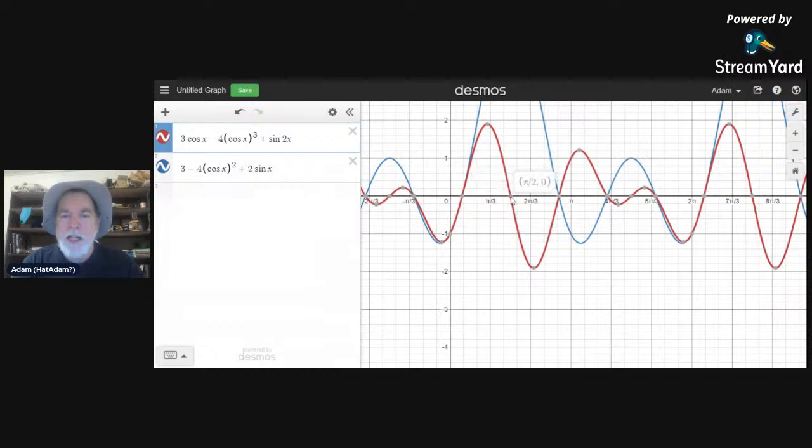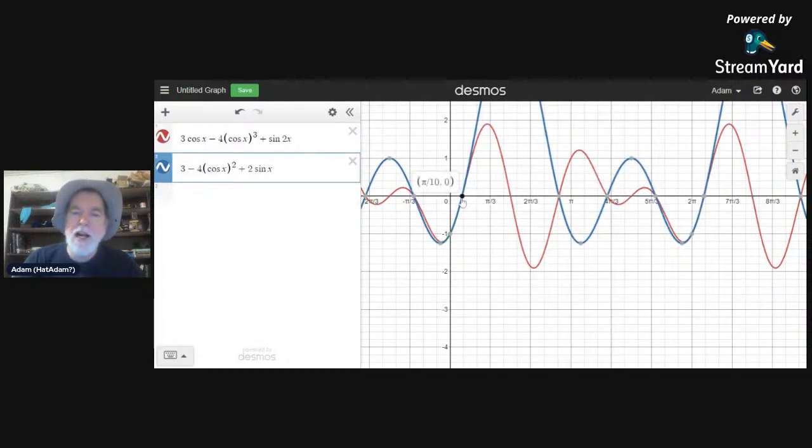See, these points here are due to the cosine x being the factor. There's your pi by 2, and there's your 3 pi by 2. And then this new function where I factored out the cosine x keeps these other, I think it's 4 factors, isn't it? Yeah. And what's pi by 10?